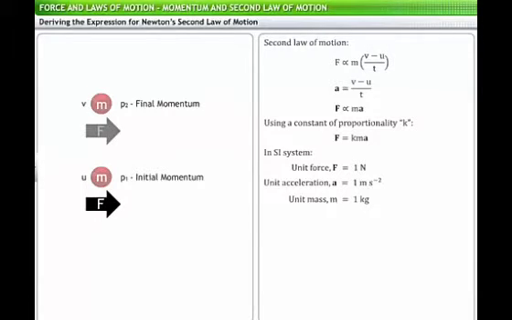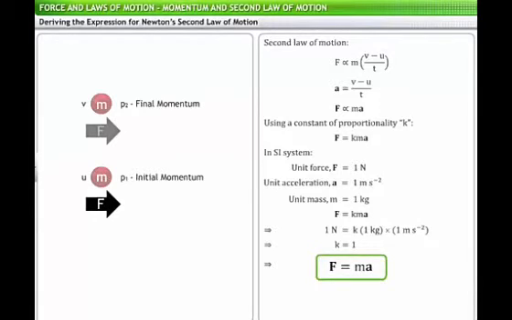Thus, substituting the values in the expression F is equal to kma and simplifying, we get the value of k as 1. Hence, we get the mathematical expression of the second law of motion as F is equal to ma. Therefore, according to the second law of motion, you can express the force applied as the product of mass and acceleration of the body.